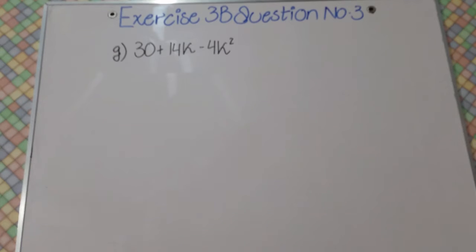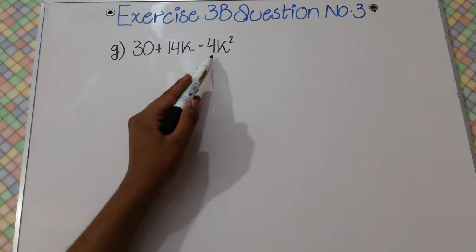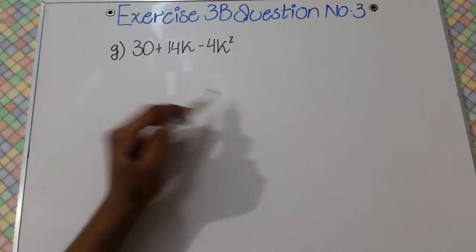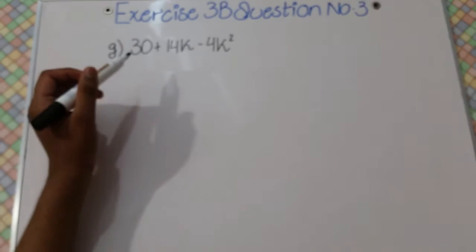Okay, so over here I have written part G. So it says 30 plus 14k minus 4k square. So first of all, we need to arrange this expression because you can see the square term is at the end. So we need to bring it to the first place.